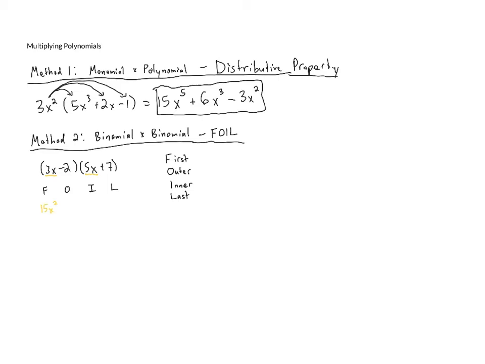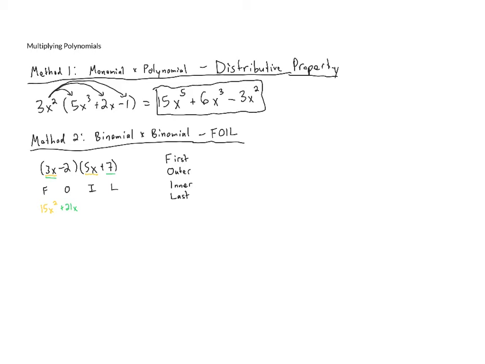Those are the first terms. Then we move to O, which stands for outer. So we look at the terms on the outside, 3x and 7. Those are the ones that are touching the outer parentheses. Now when we multiply those, 3x times 7 is 21x. So that outer product is going to be 21x.